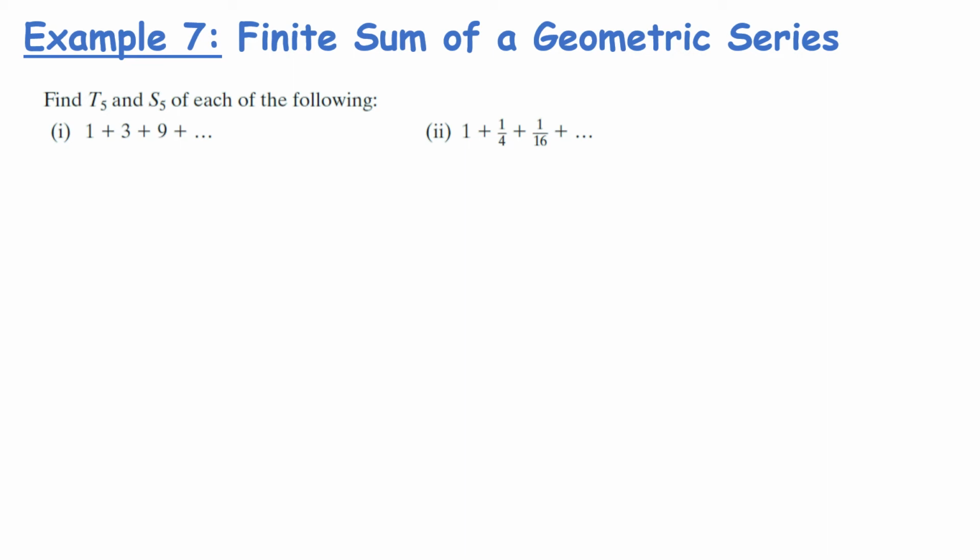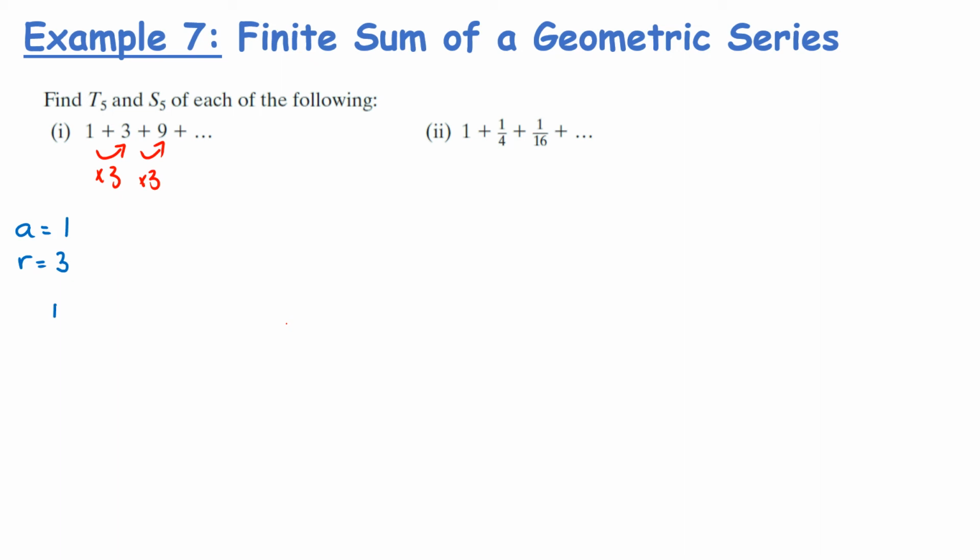So we have here, find T5 and S5 of each of the following. They haven't told us they're geometric, so we just want to double check that is the case. So yes, I'm multiplying by 3 and by 3. The two things I want to pull out are a, my first term, and my common ratio, r.